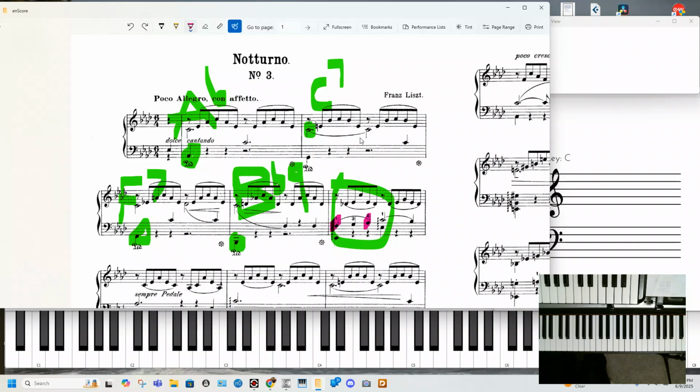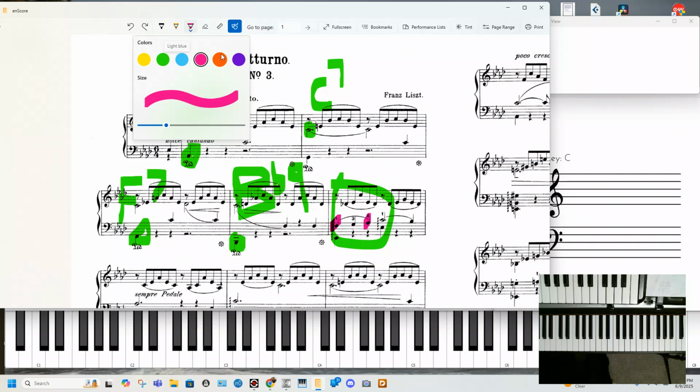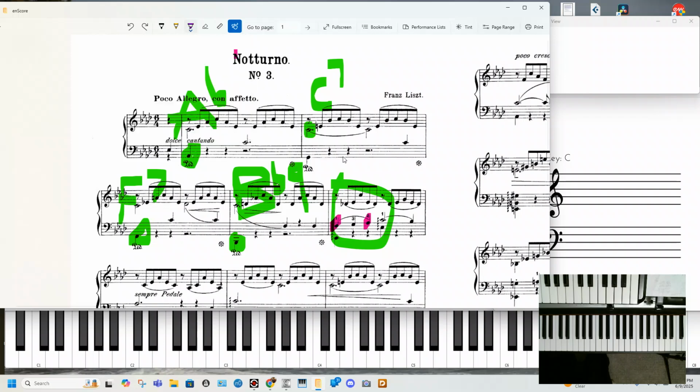But this moment right here, I would most likely consider an E flat 7, and then if we build up our extensions through the 9, through the 11, to the 13th, we find the C, this colorful C here is the 13th of the chord.